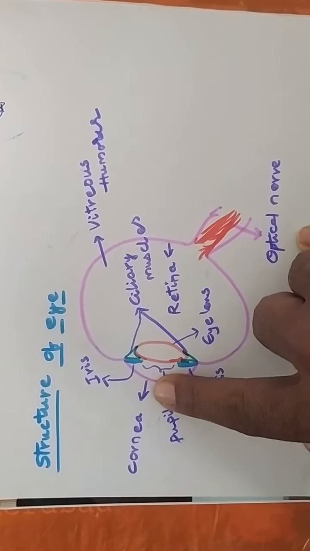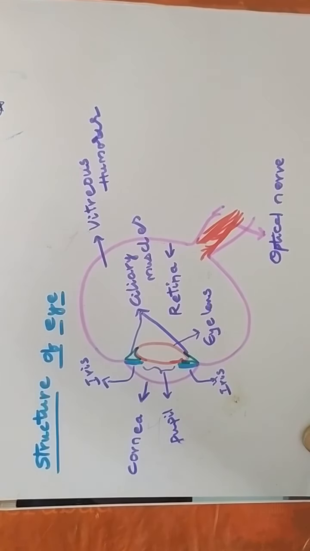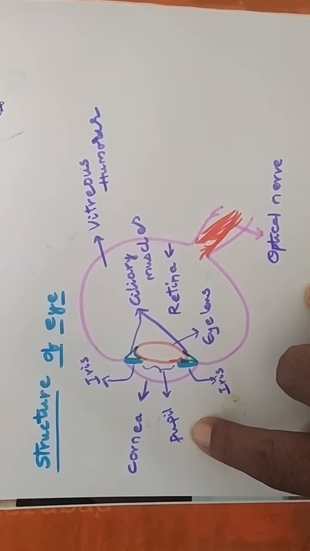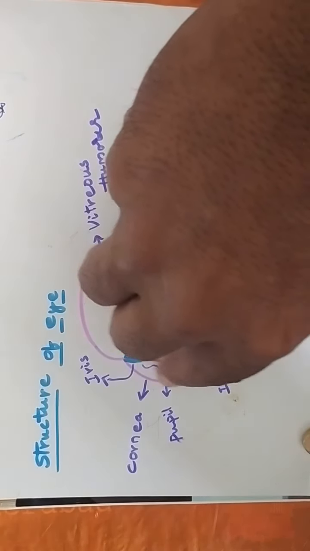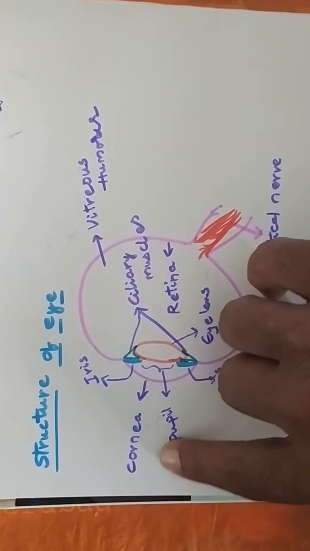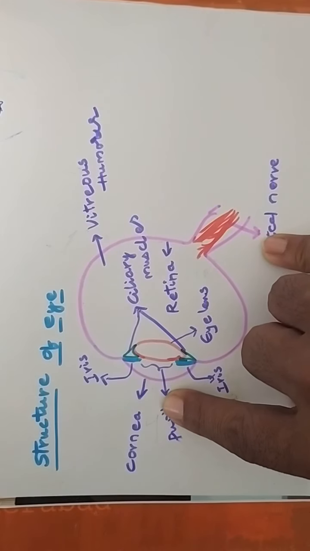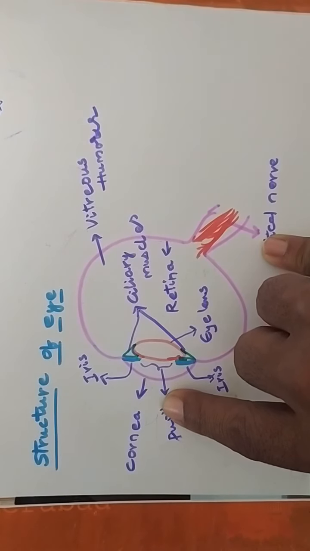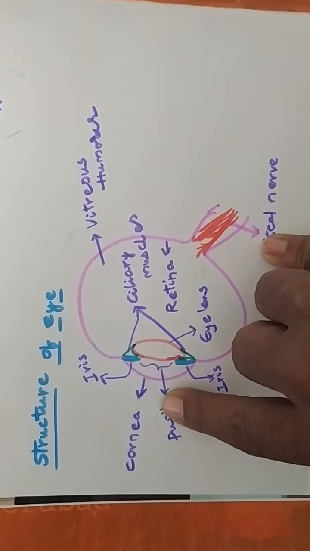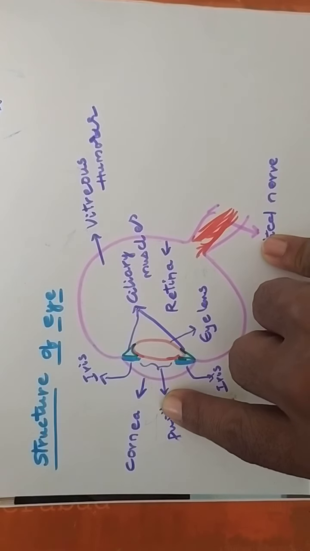Light coming from outside enters the eye through the cornea. The cornea not only protects our eye, but it also helps in focusing the light.